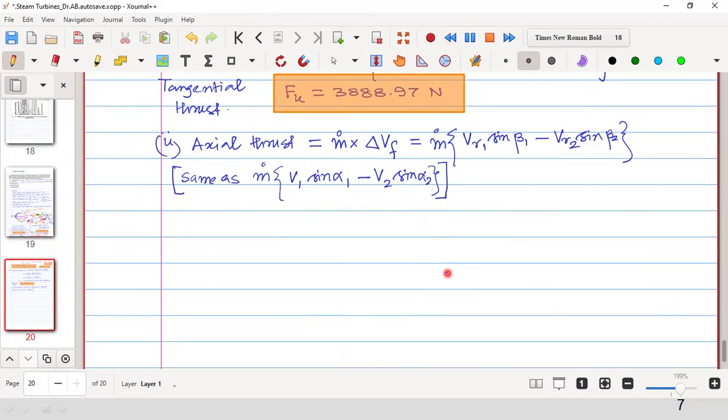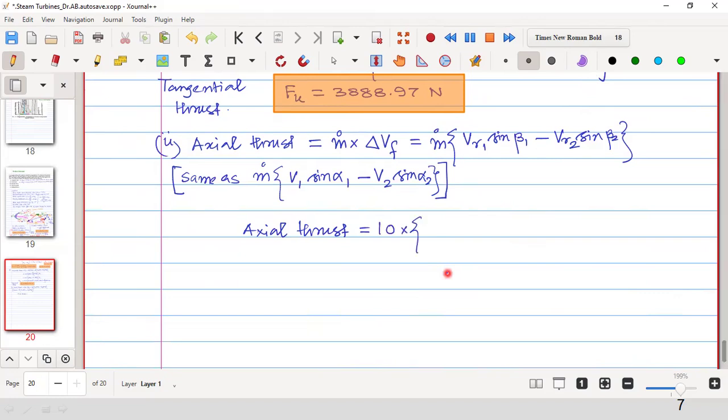So we know all the quantities, therefore we can determine the axial thrust. So axial thrust is equal to m dot, we know 10 kg per second.